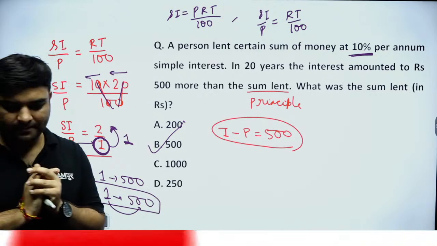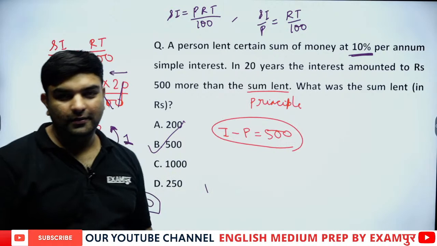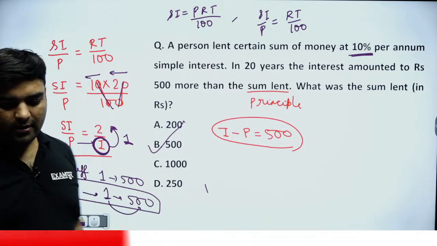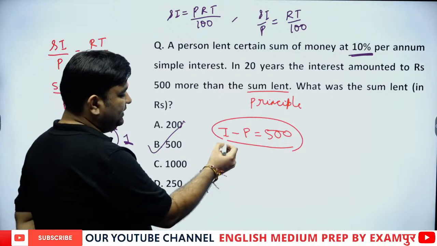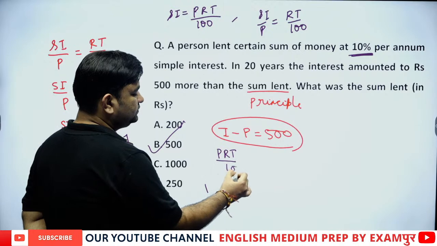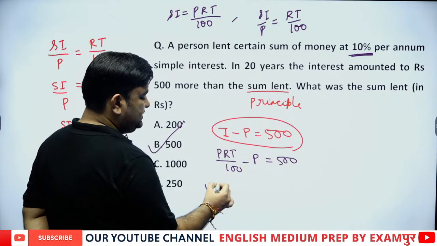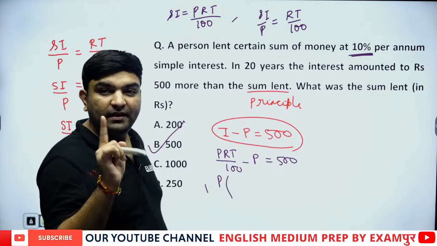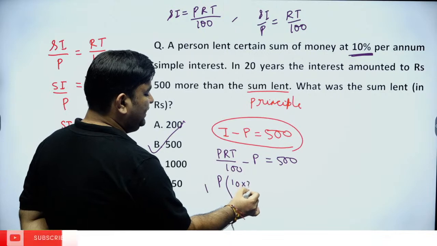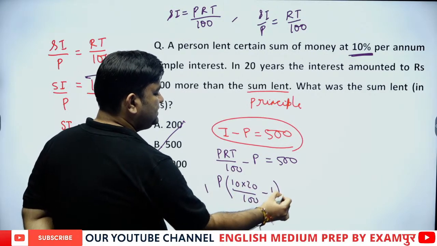Do I need to prove it again? You can take the proof as interest is PRT upon 100 minus P is 500. Take P common. Rate is 10, time is 20, divided by 100, minus 1 is 500.